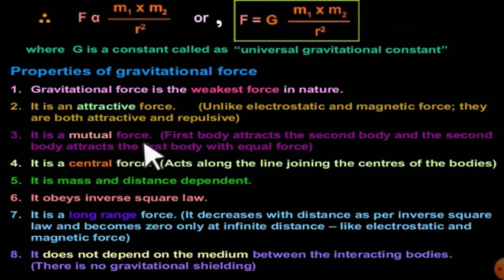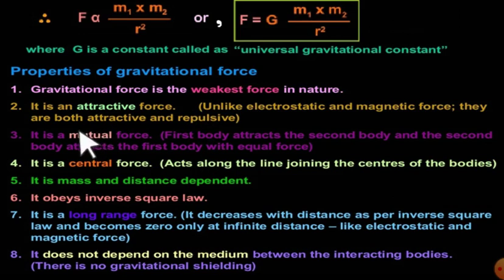It is a mutual force. It means when one mass is attracting the other, the other will also attract the former mass with the same attractive force. So this is a mutual force.